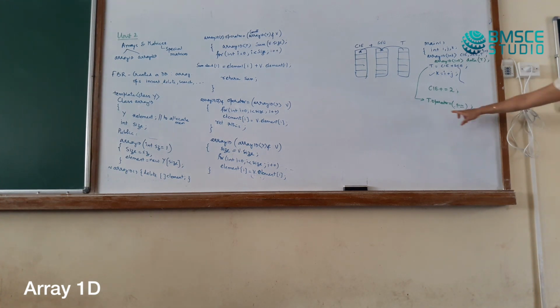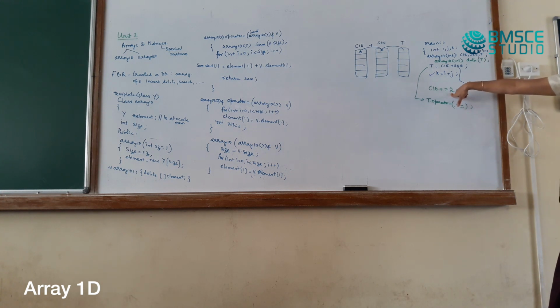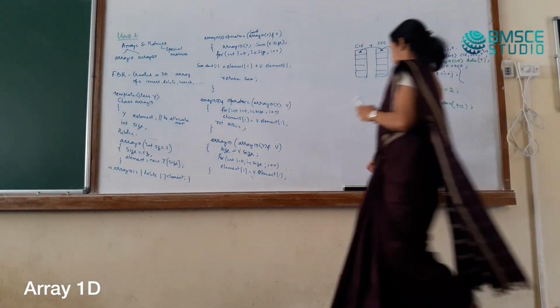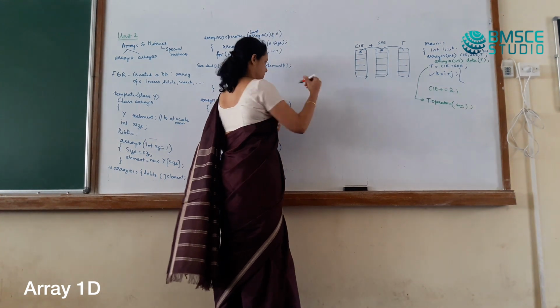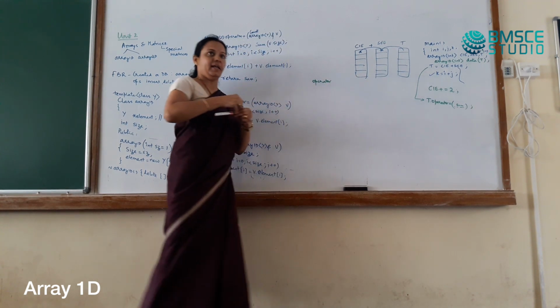Now the next is, can you make this work? CIE plus equal to 2. Sure. What is it that you are required to do? CIE is equal to CIE plus 2. Which operator are you overloading?